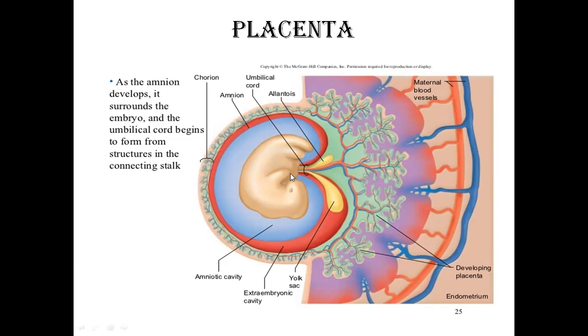Another two things which we can prominently see in this diagram. One is the yolk sac. This is responsible for providing nutrition to the embryo, and to some extent helps in exchange of respiratory gases as long as the placenta is in its making.